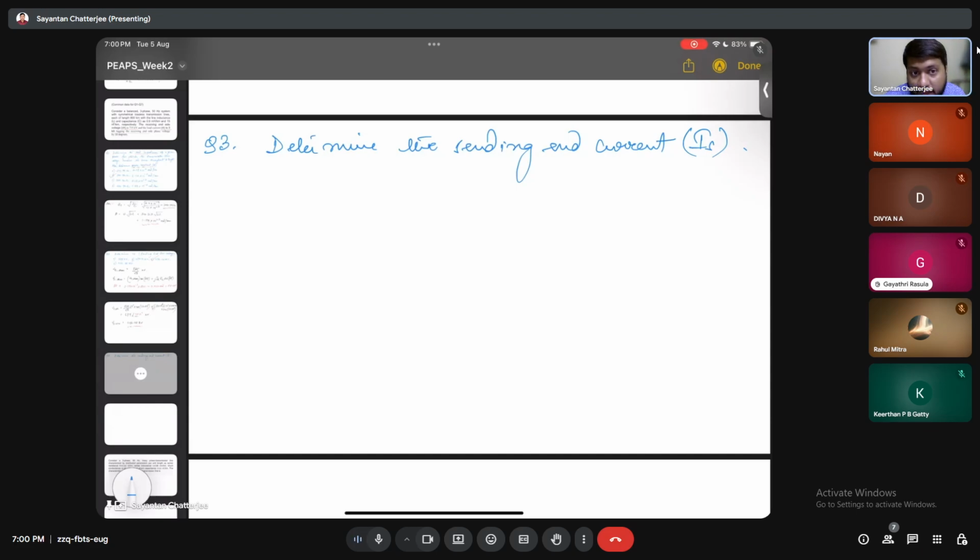Determine the sending end current, IS. So options are in ampere. So determine the sending end current. So these are the options.